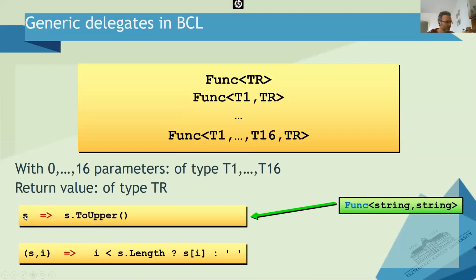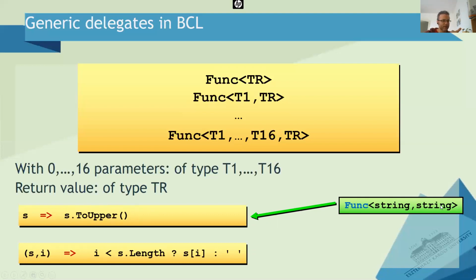Let's see the first one. Here in this lambda expression, we have one parameter, s, which must be string based. This you can see from the context. Then on the right-hand side of your lambda expression, you convert this string to an uppercase version, and you return this string you calculated.